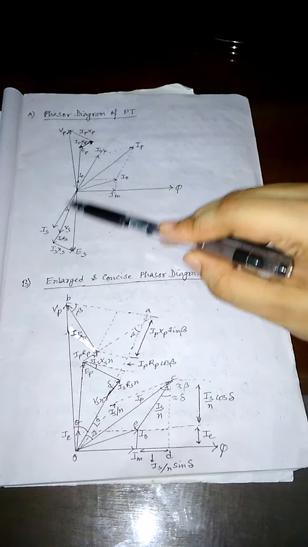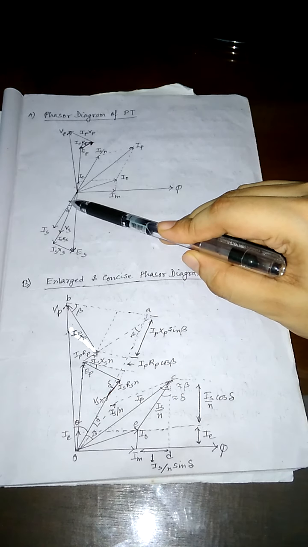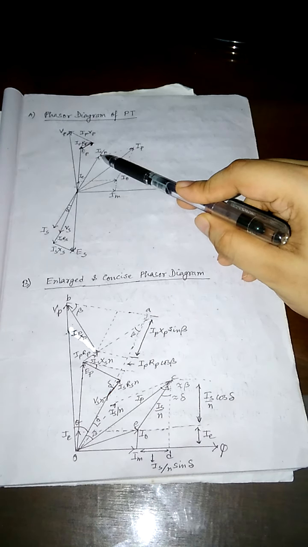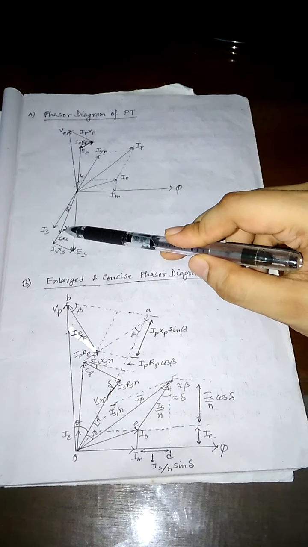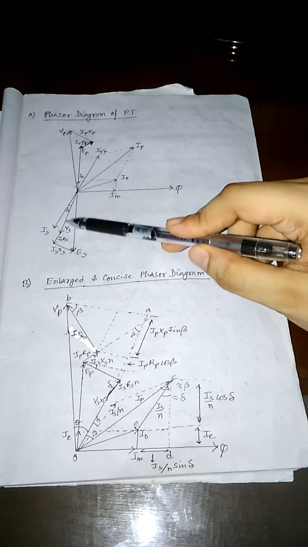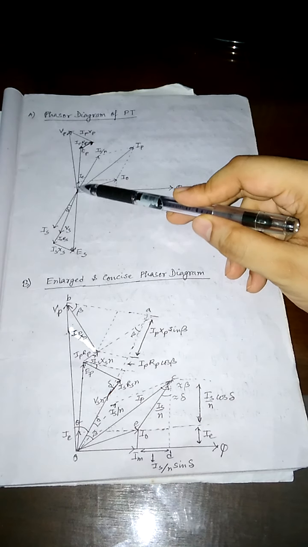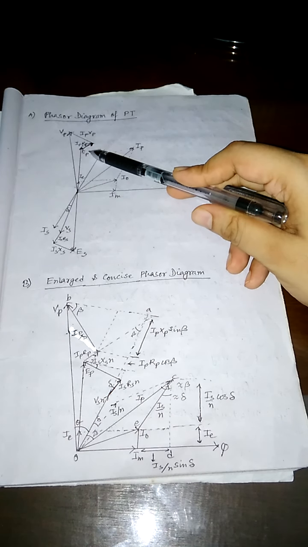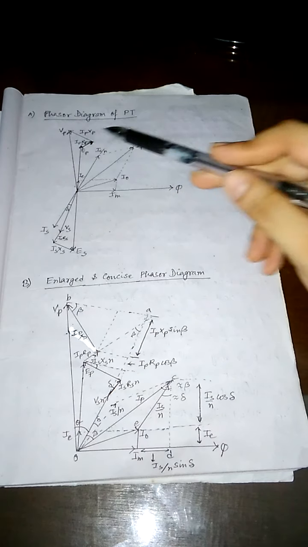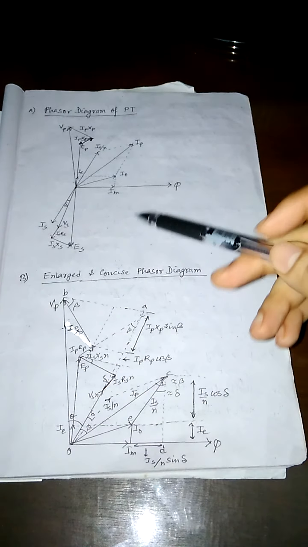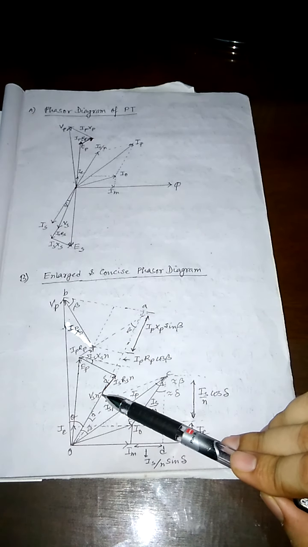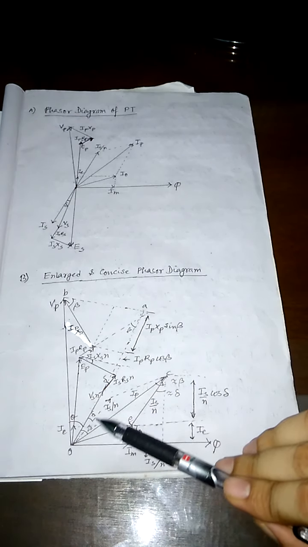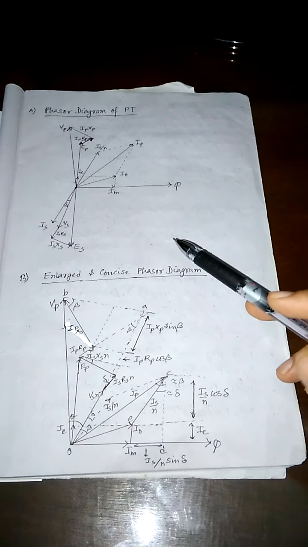If we consider this Is, that is reversed, so that will be Is by N, and if we reverse the secondary voltage Vs, then it will be Vs into N, where N is the turns ratio. See here, we reverse the secondary voltage Vs, that is Vs into N, and that is Is divided by N.